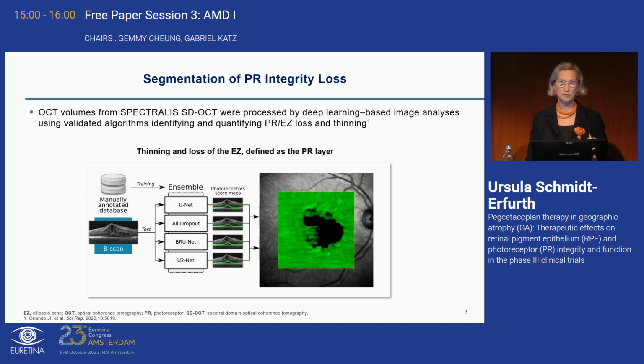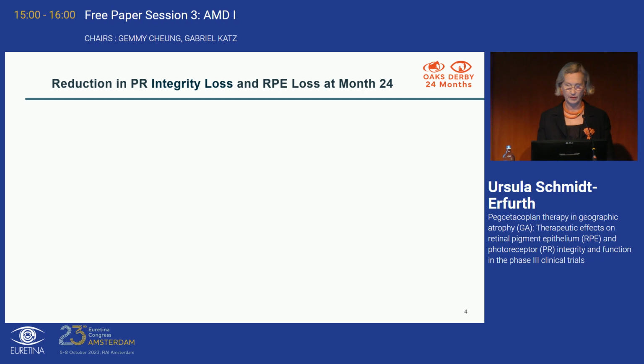So this is an extremely precise algorithm that really focuses on the photoreceptor layer, not like other algorithms that go straight through the EZ line and straight through the RPE because it's a broad band, but really from the top of the EZ line down to the interdigitations of the photoreceptors. So very precise on a pixel level.